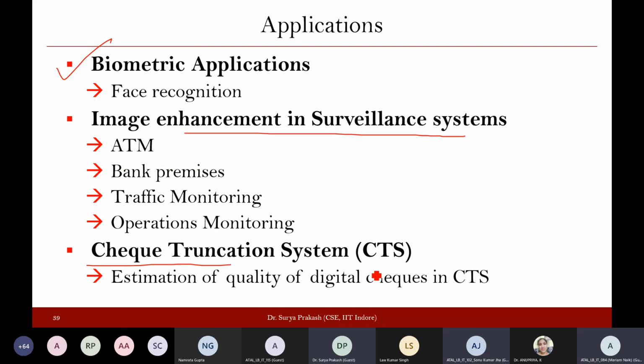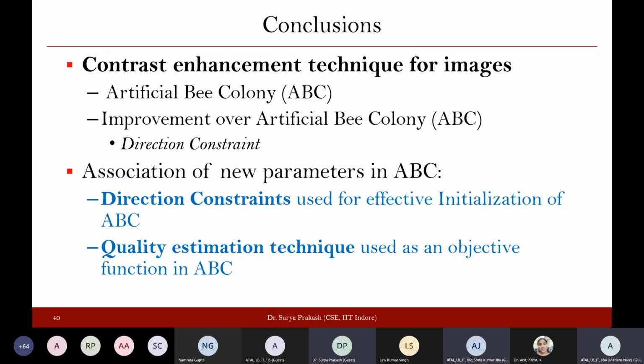If the checks have poor quality, poor contrast, then this can be used for improving the contrast of those images. But there could be several other applications. Wherever you are dealing with poor contrast images, you can make use of this algorithm and perform contrast enhancement. So in conclusion, what we have discussed here.